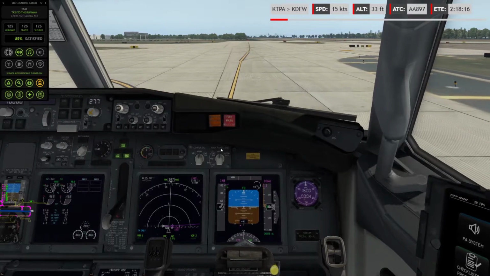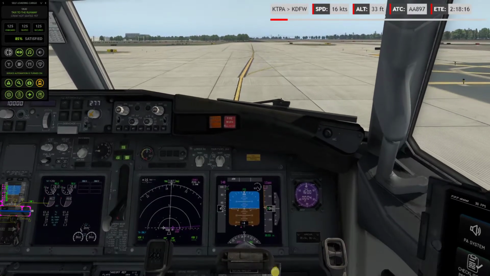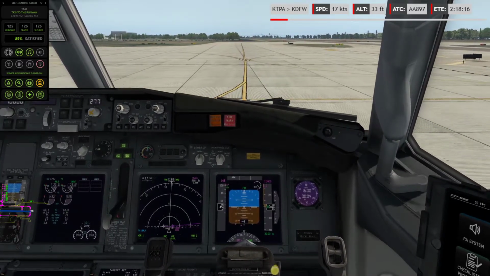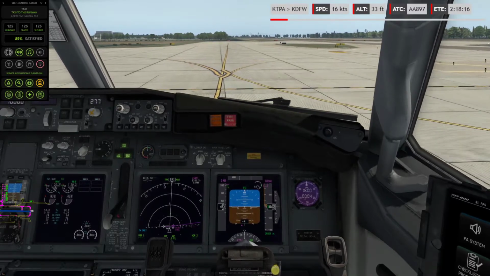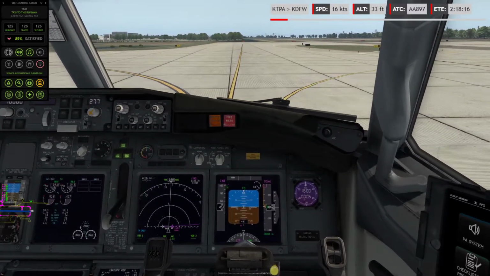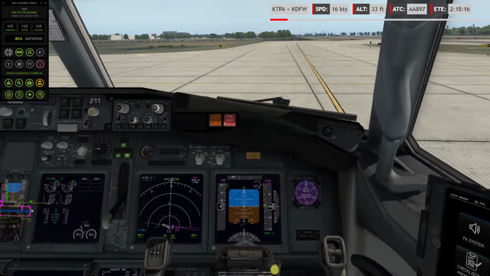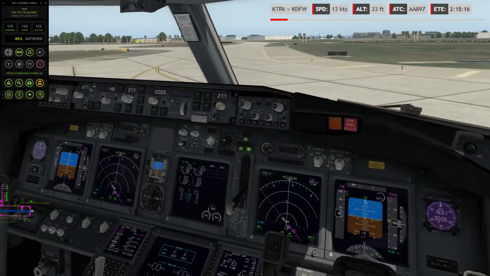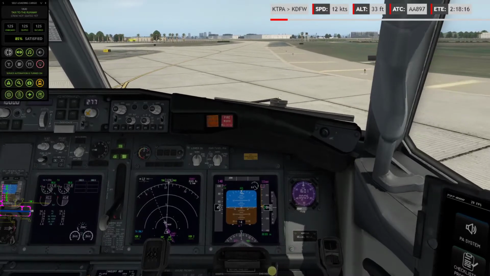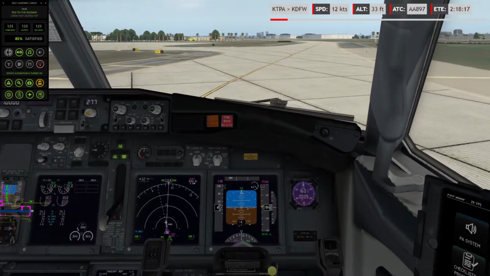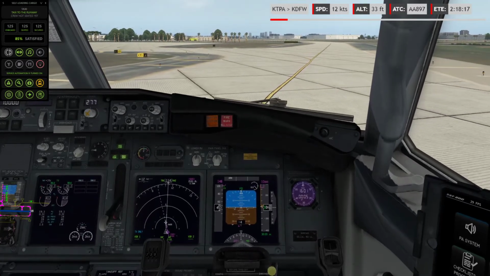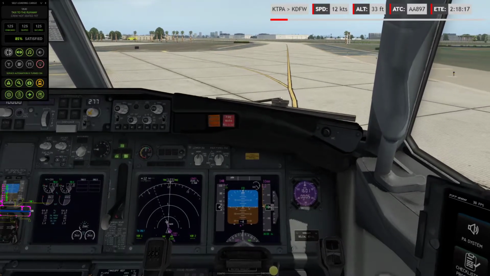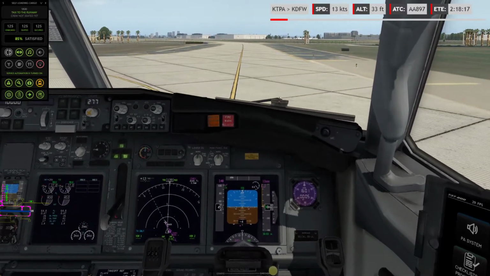Clear right, clear left. Are we supposed to turn here? We can actually take the next one. So we will make a left turn over here. Look at those palm trees.